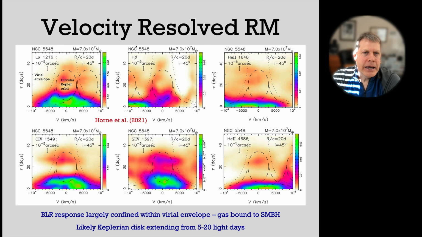This is perhaps the highest quality example of velocity resolved reverberation mapping so far. This is for the very well studied active galaxy NGC 5548, and here you can see velocity resolved reverberation results, or velocity delay maps, for Lyman alpha, H beta, helium-2, silicon-4, and carbon-4.